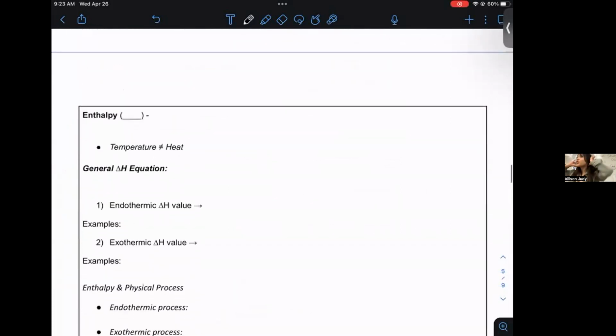So now let's talk about why I wrote H. Enthalpy is symbolized by the term H, and enthalpy is the chemical description, or you could say identification, of heat in chemical processes.